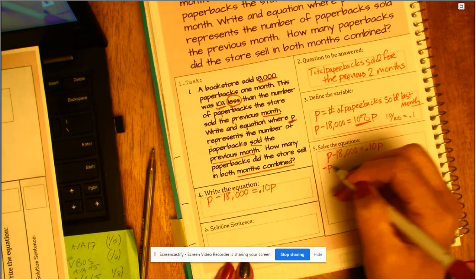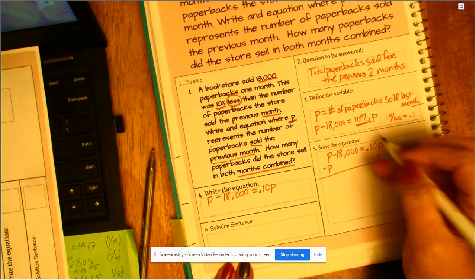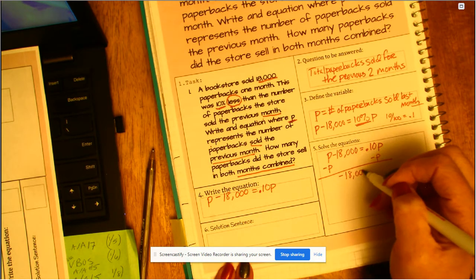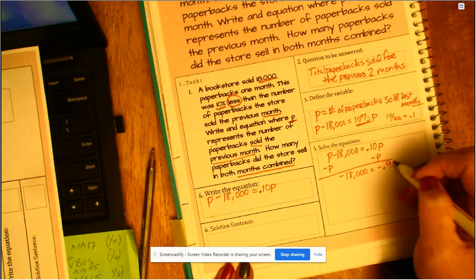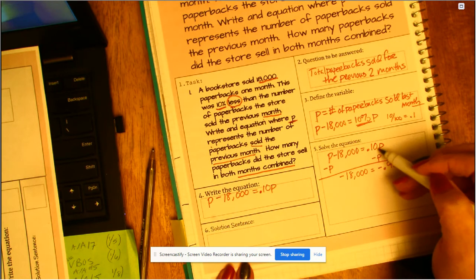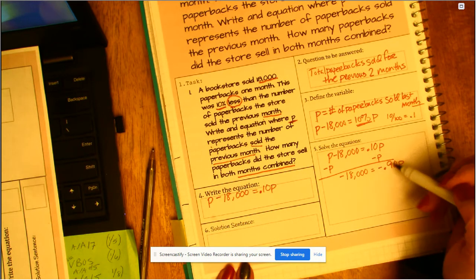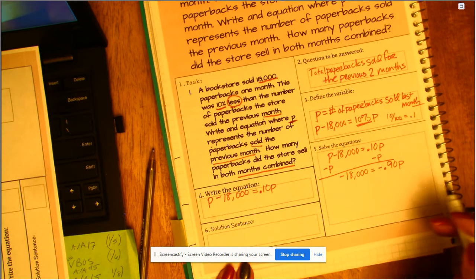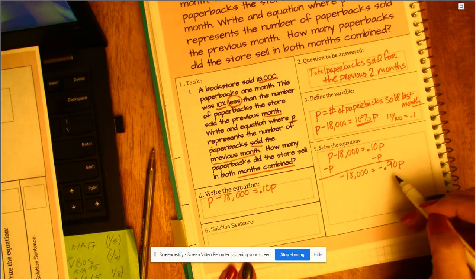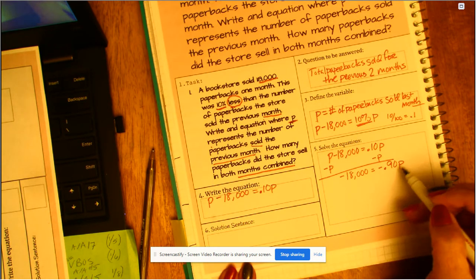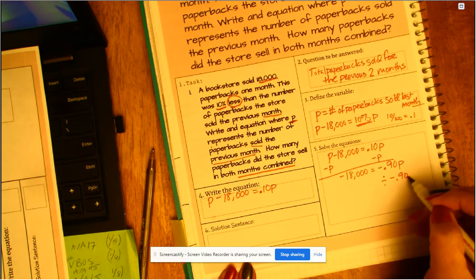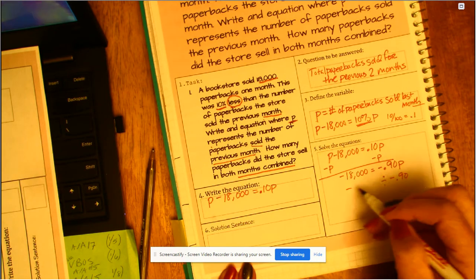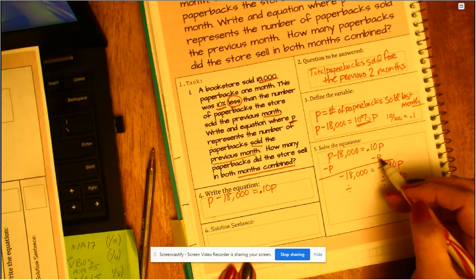So I'm going to subtract 1 P from both sides to get negative 18,000 equals negative 0.9, or 0.90 P, because 0.10, or 1/10, taken from a whole gives me 9/10 left. Then to undo this, I'm going to divide both sides by 0.9, or negative 0.90. I don't really need the 0. I'm just leaving it there to help us understand what happens when we subtract from 1.